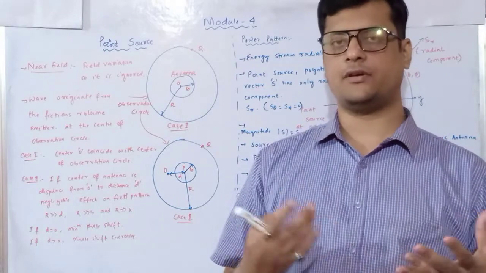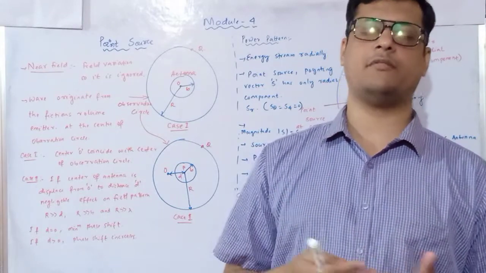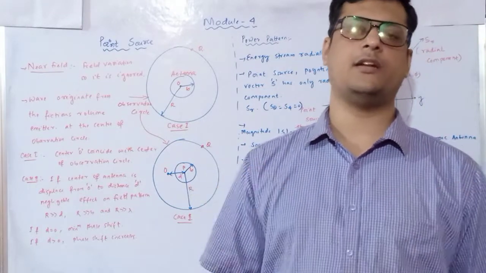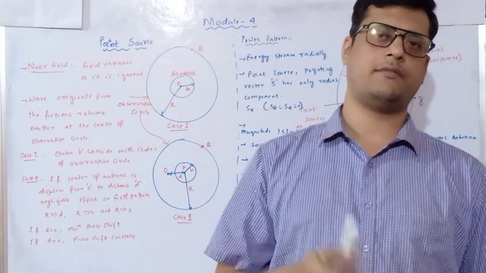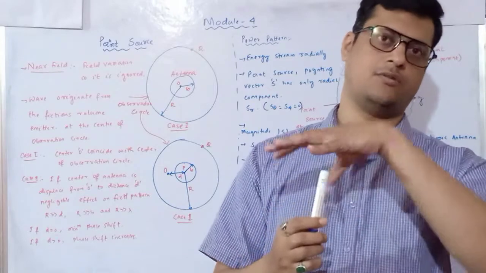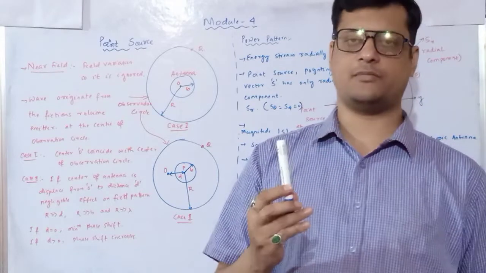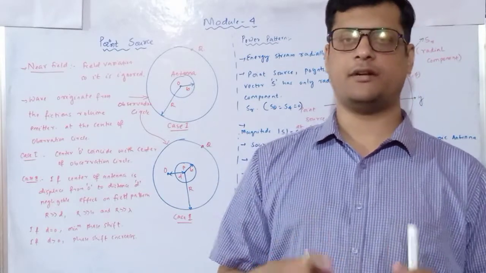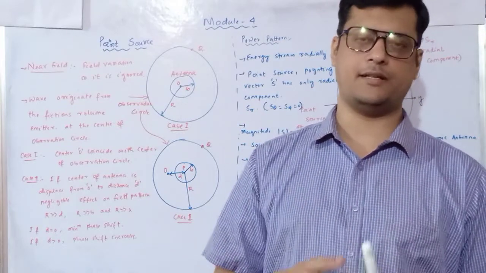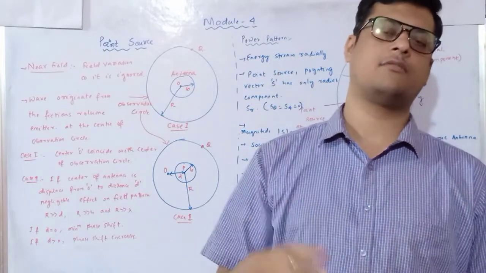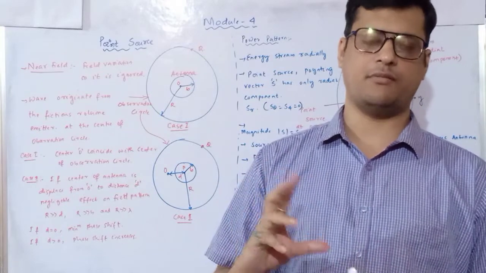With respect to the field pattern, it means the electric field and magnetic field in a certain direction we have to identify. In the previous class I showed that if the radiating element is this, a donut structure is formed. With respect to sine, the donut form will be there. If it is a cosine, then a circular form will be there, up and down. That we will discuss now.